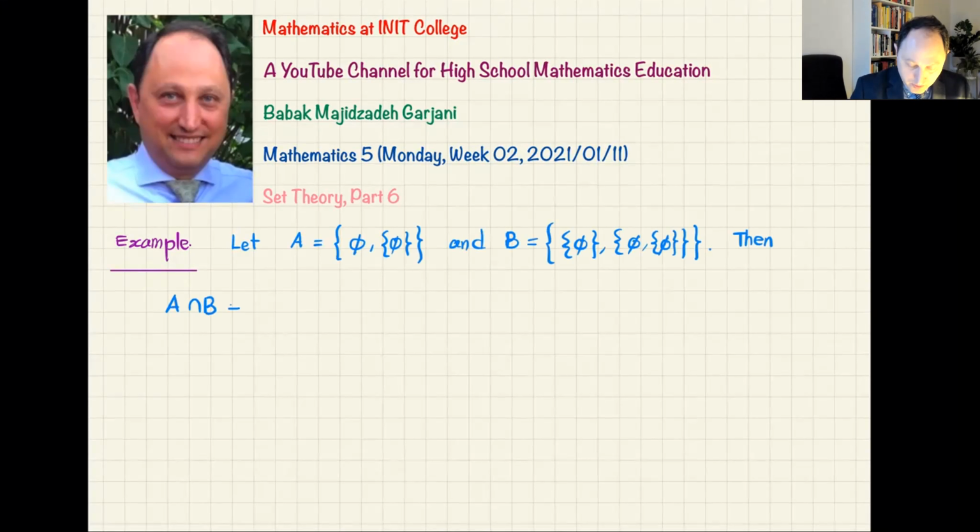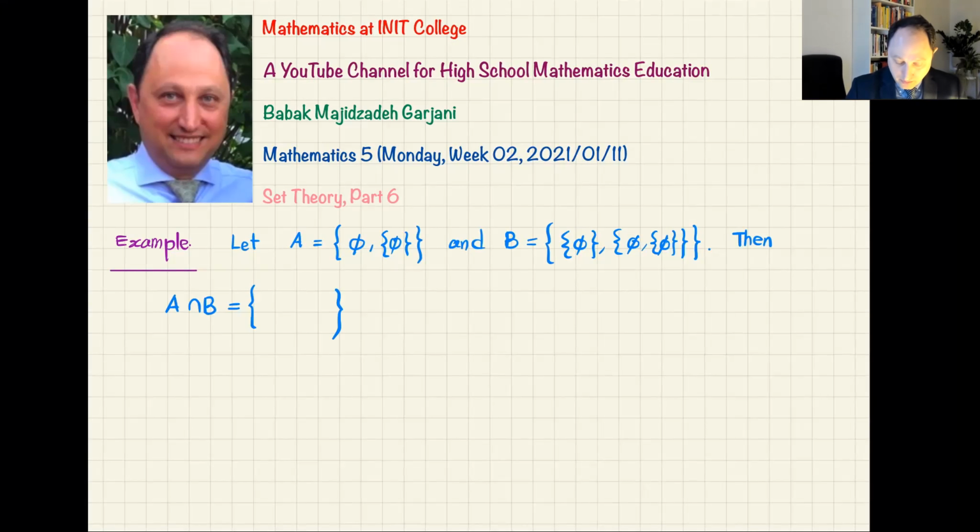So A intersection B is a set, so I need to have a curly bracket on the left, and I have to have a curly bracket on the right. Then I need to go and look at what members are in common between these two sets. Here set A has 2 elements. So let me just review these words.